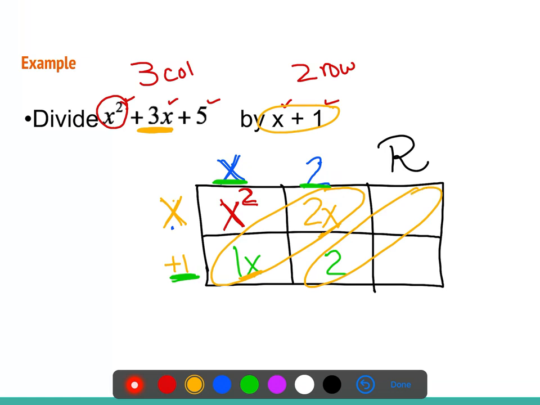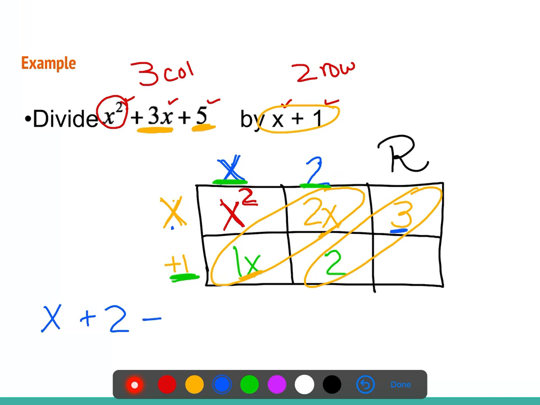We took 2 times 1 and we get 2. And now that we filled that column, we look and we say, whatever's on this diagonal, 2 and something have to add up to 5. 2 plus what makes 5? Well, 3. 2 plus 3 makes 5.